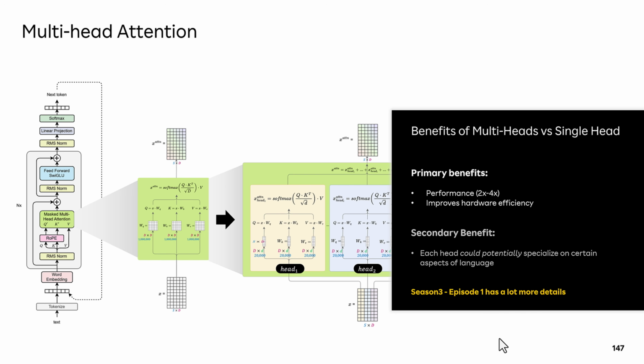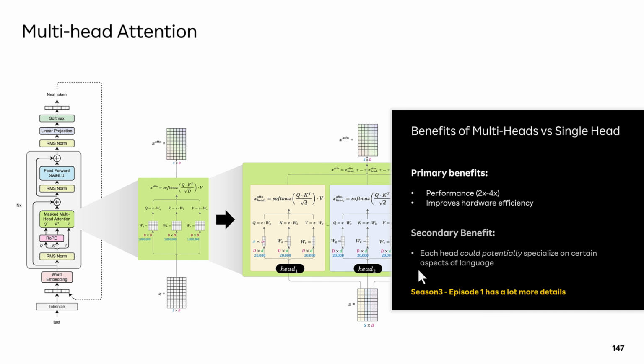So the primary benefit of multi-head attention is that it improves performance almost 2 to 4x, and it also improves hardware efficiency. But I actually don't want to spend a lot of time going into all the details as to why it improves the performance or improves hardware efficiency, because I have covered this exhaustively in episode 1 of season 3, and in the interest of time, to make this video not become too long, I will not repeat it again over here.